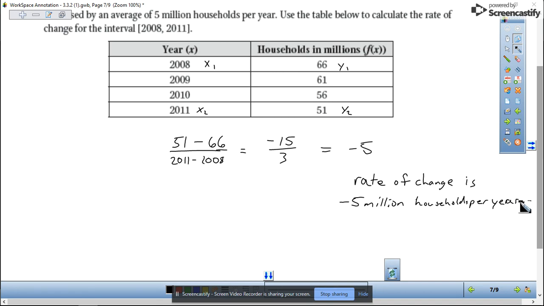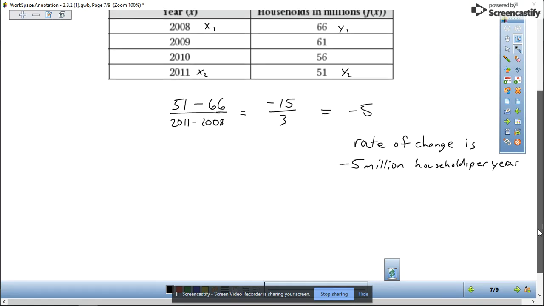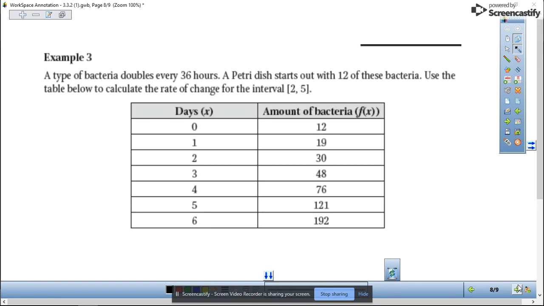Okay? Or you could also say it's decreasing by 5 million households per year. And we already knew that, okay? We knew the average, and this is linear. That's the deal. This is linear, going down by 5 million each time.